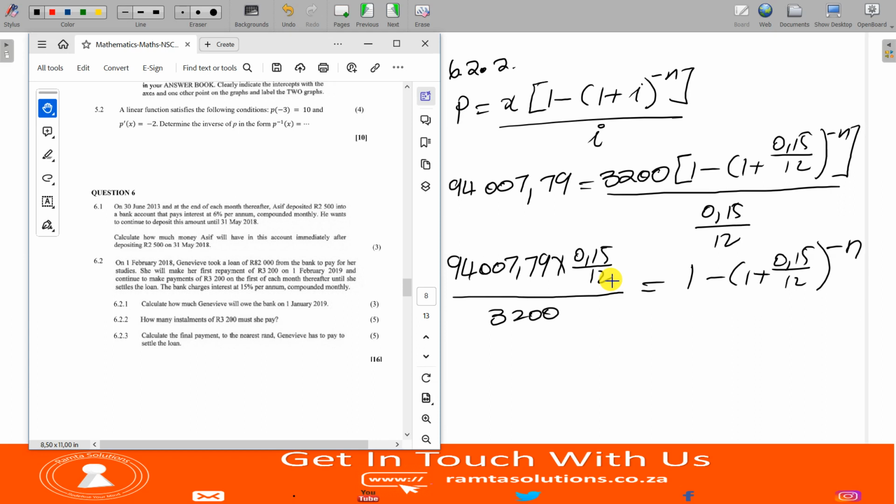94,007. Why do I say 007? This was 006, not 007. 006.79, right? 94,006.79. Let's go. And then multiplied by 0.15 over 12, and then at the denominator 3,200.